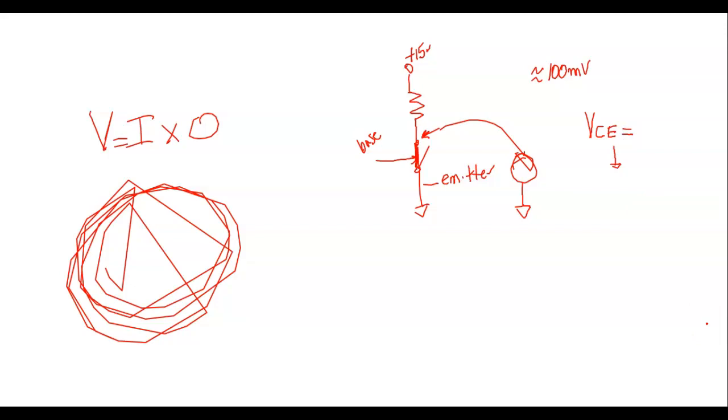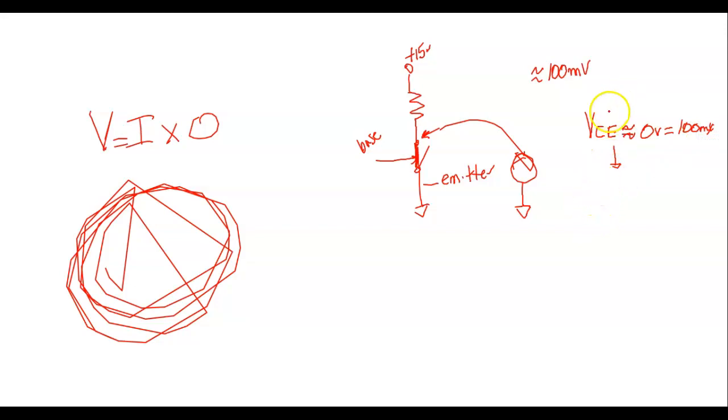If we measure it across a transistor and it's powered up and it measures 0, you might have to take the thing out and throw it away, because either it doesn't have power applied to it or it's shorted. So saturated, is it going to be 0? No, it's going to be around 100 millivolts. And that's a rule of thumb.